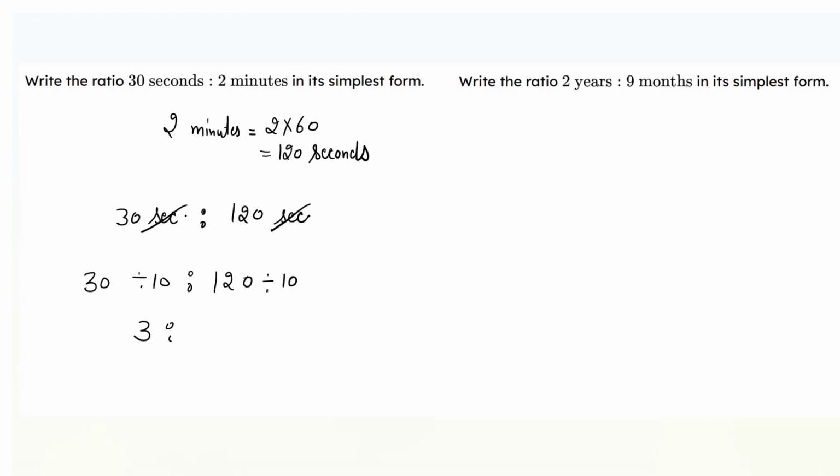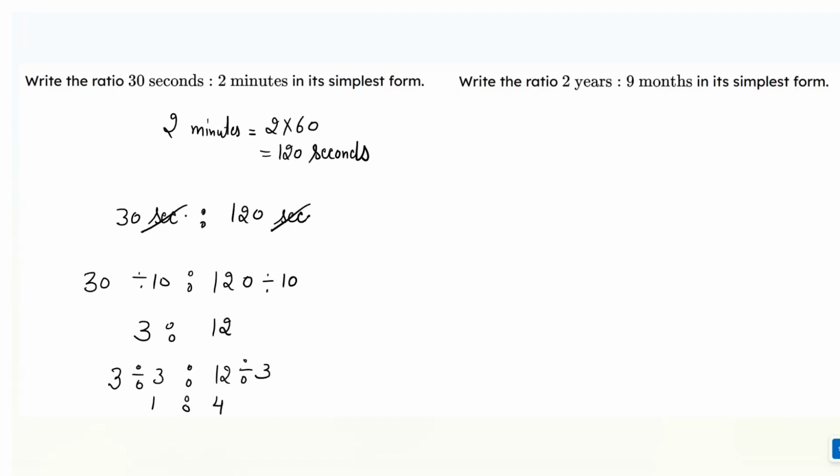I'll get 3 ratio 12. Now 3 and 12 are both divisible by 3. So we'll get 1 ratio 4. We can do it in the beginning also, 30 divided by 30, 120 divided by 30, and we'll get the same answer, which is 1 ratio 4.